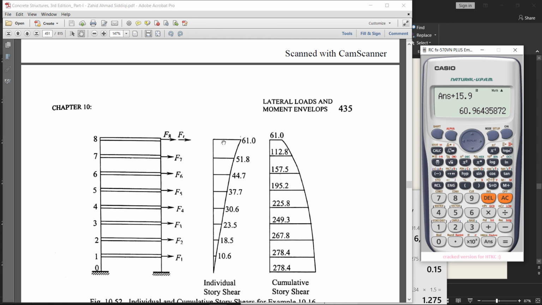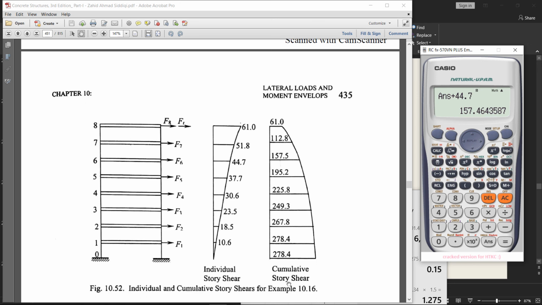Now we have to make the cumulative of all these values. 61 plus 51.8 is 112.8, then plus 44.7 that will be 157.5. Similarly you have to make the cumulative and make this cumulative story shear.